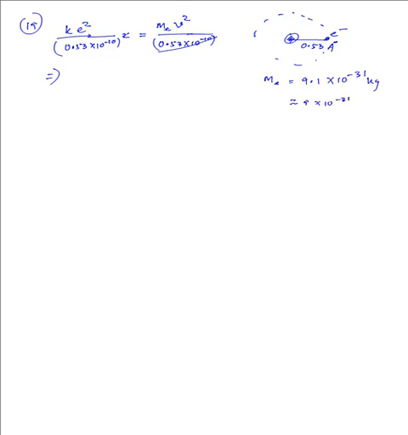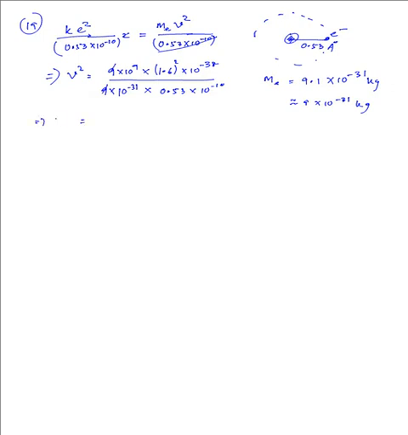So v squared will be k, which is 9 times 10 raised to the power 9, e squared, 1.6 squared times 10 raised to the power minus 38, that is minus 19 squared, over 0.53 times 10 raised to the power minus 10, and the mass of the electron, which we have taken nearly to be 9 times 10 raised to the power minus 31, so the 9's get cancelled out.